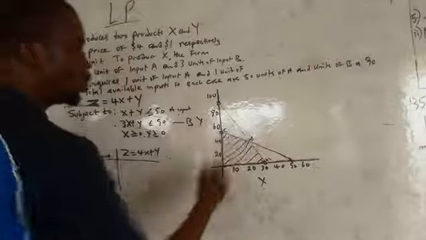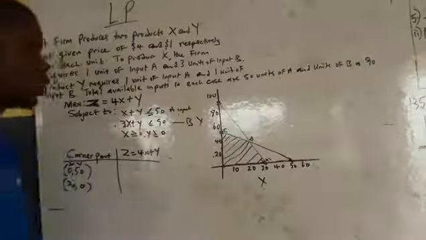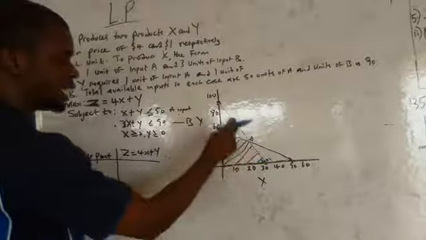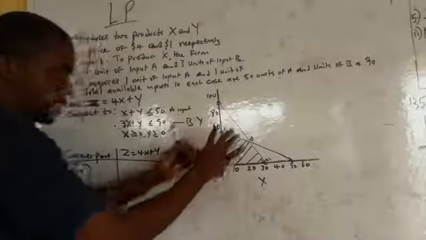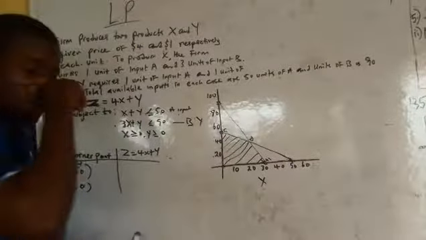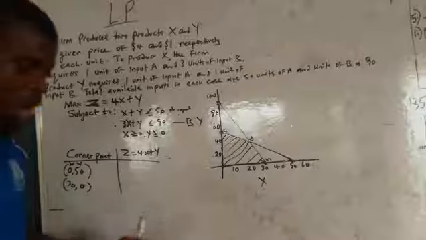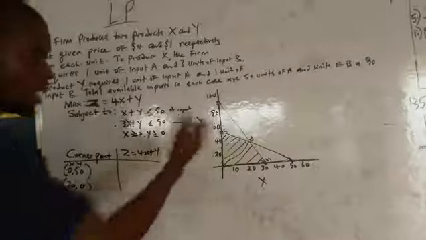Then this third one that we don't know, we can simply do the simultaneous equation for intersection. Anytime you have the intersection like this, when it is sketched out, you can also use your simultaneous equation to get the answer.